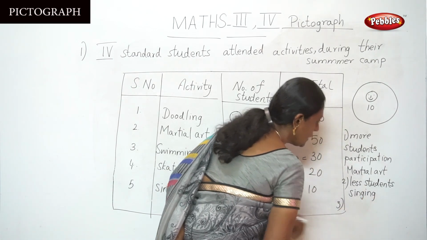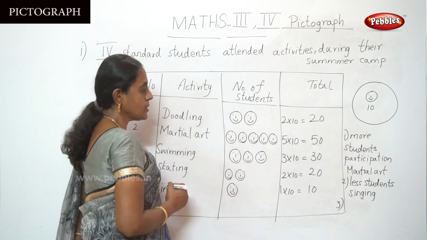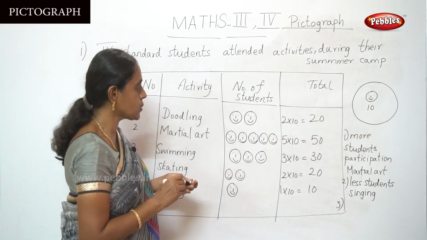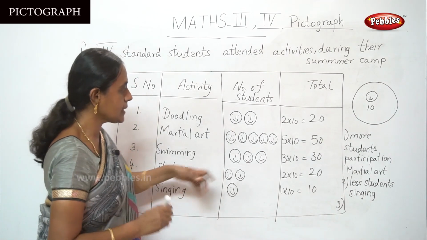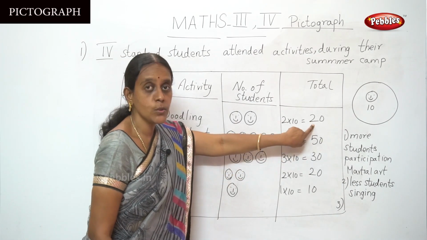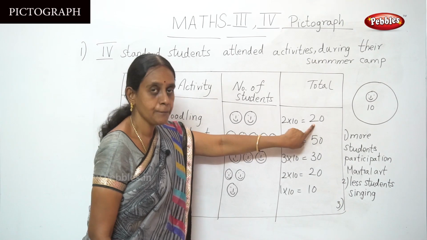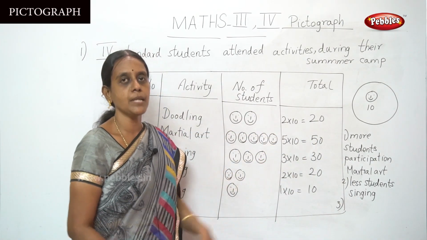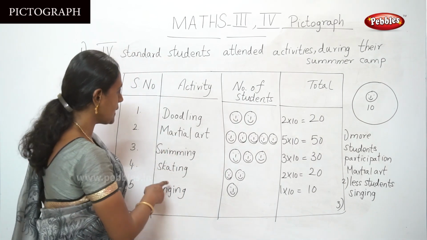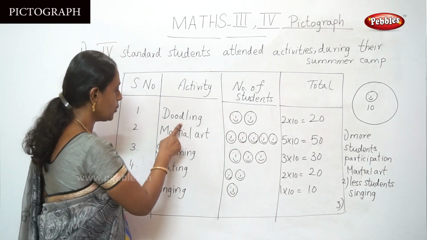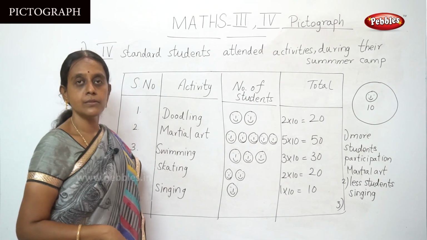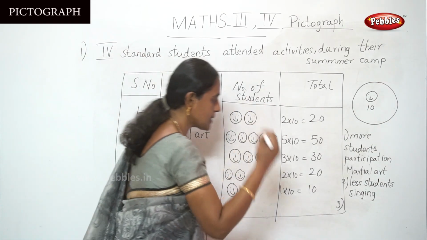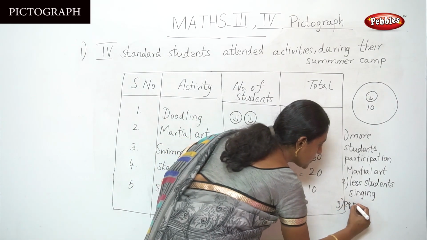And the third one: which activities have the same number of students? Here 20 students took part, and another one is also 20, that is an equal amount of participation. Which activities?